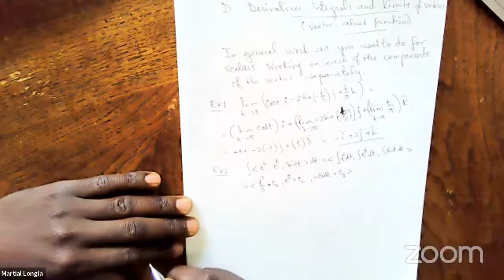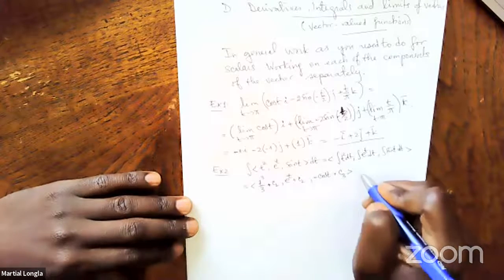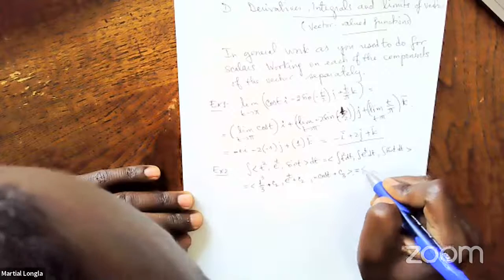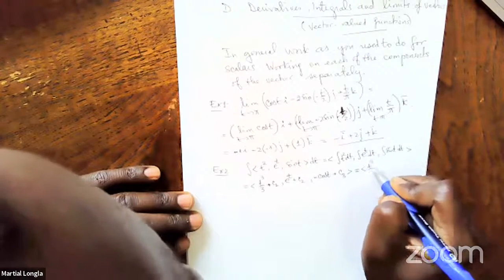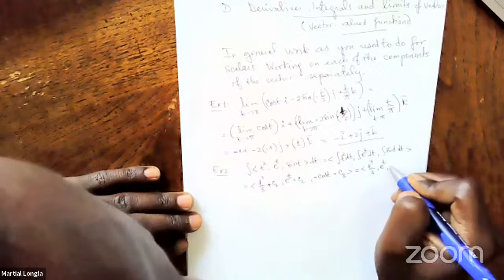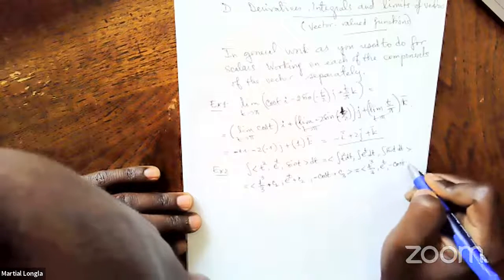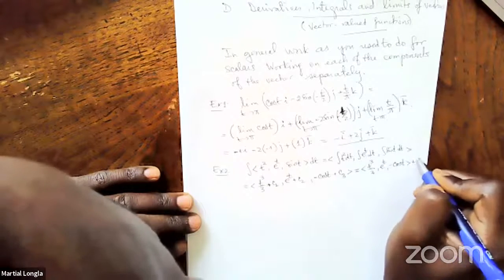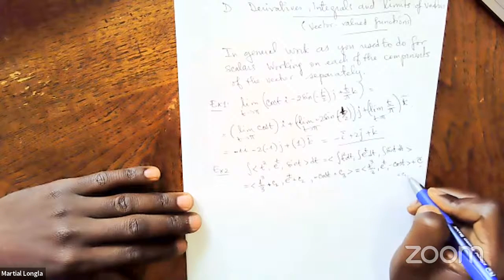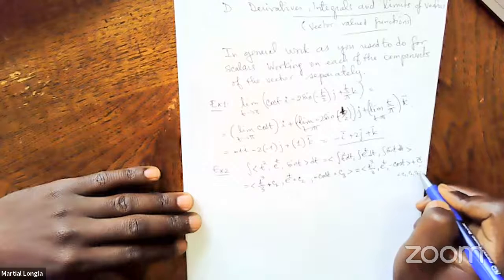So you see that? And so you can also write this as t cubed over 3, e to the t, negative cosine t, plus a vector c, which is c1, c2, c3.